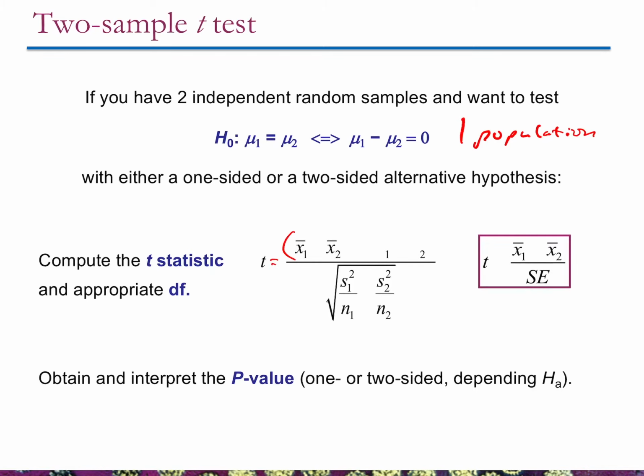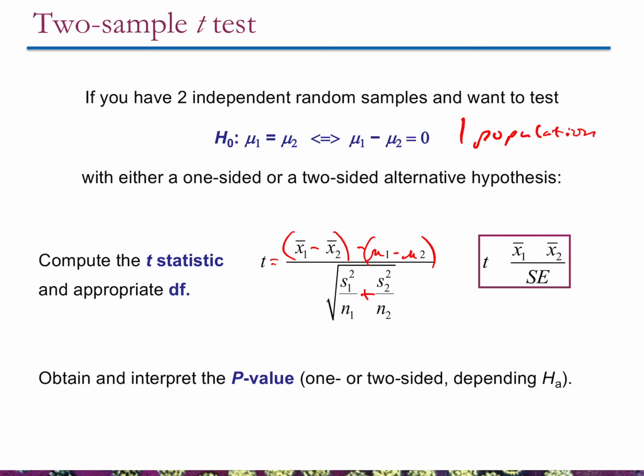All right, so again, we have to calculate our test statistic. There we go. So again, this is how we calculate our t-statistic. So sample mean 1 minus sample mean 2, that difference minus the hypothesized difference in our population means, which as I said is typically going to be 0, right?